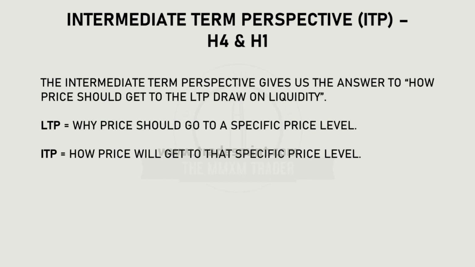So the intermediate term perspective gives us the answer to how price should move to get to that long-term perspective draw on liquidity, right? So remember, long-term perspective is the why price should go to a specific level, and that intermediate term perspective is how price will get to that specific level.